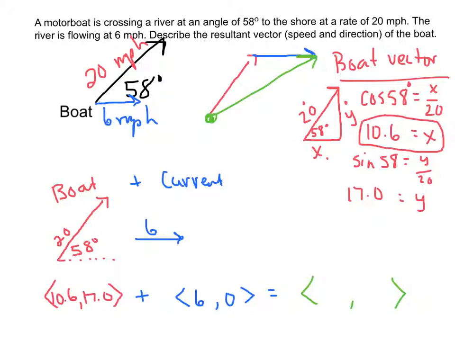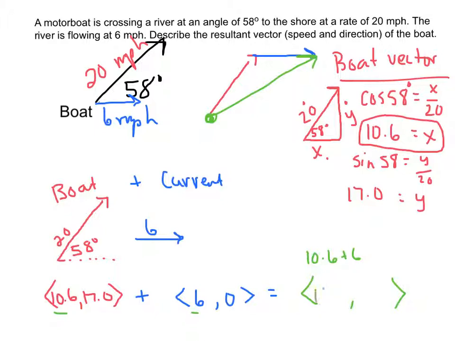So if we want to find this resultant vector, we're going to take 10.6, because that's the x value of the boat vector, plus 6, that's the x value of the current. They're both pushing the boat downstream. One is contributing 10.6 miles per hour downstream, and the current is contributing 6 miles per hour downstream.